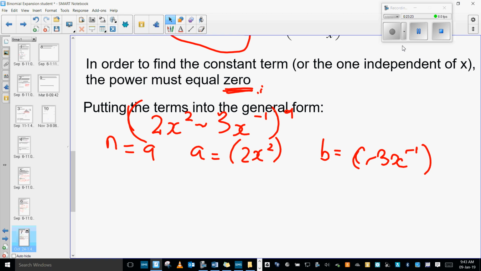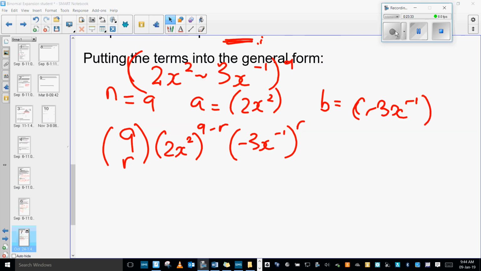Use the general formula. All right, so we've written our general formula.